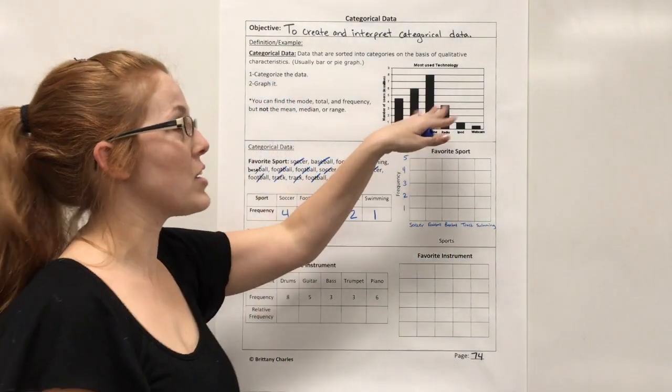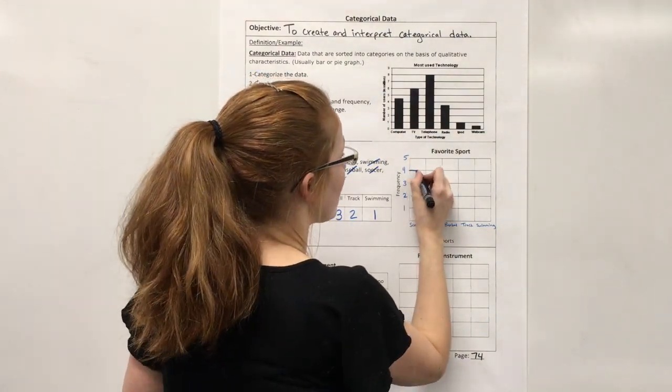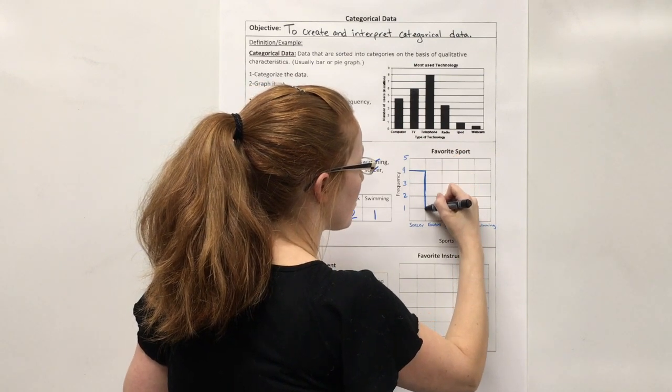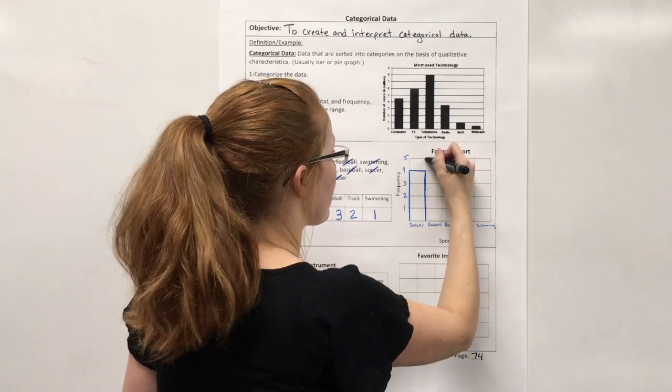And now, just like here, I graph it like a bar graph. So the first one would be 4. And then we have 5.